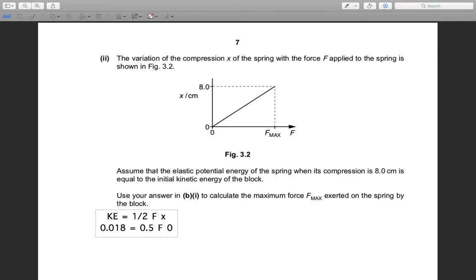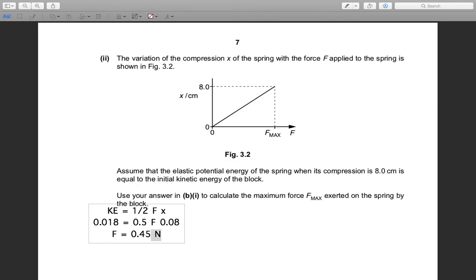We change into meter, 0.08. So we get F equals 0.018 divided by 0.04, so we get F around 0.45 Newton.